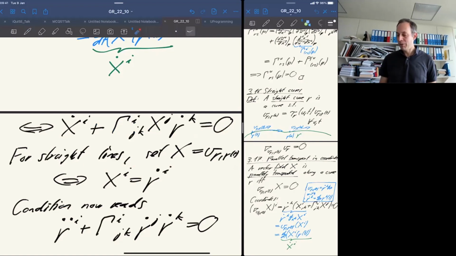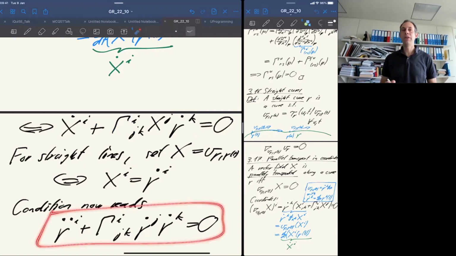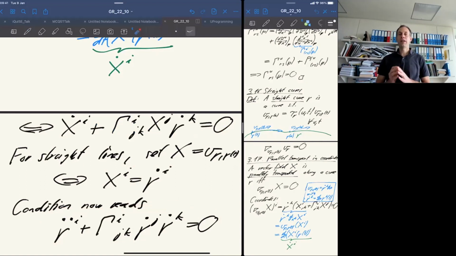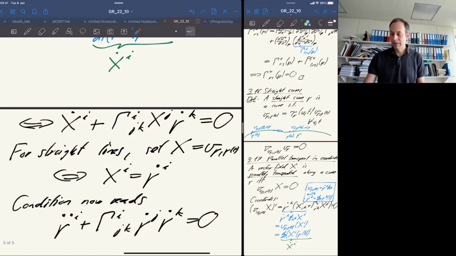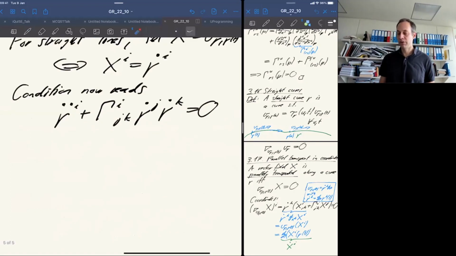But once you have all these techniques, you can now very easily calculate a straight line, for example, on a sphere, on the surface of Earth. That you also do in the exercises. You find the gamma symbols for that, and once you have them, you can have explicit expressions for straight lines. So what does a straight line mean on the surface of the Earth?